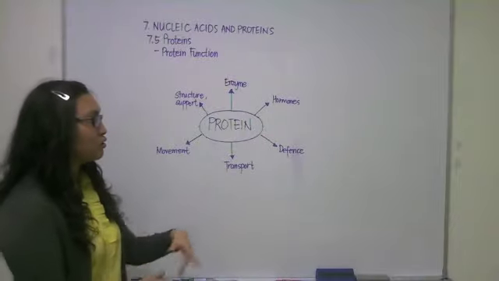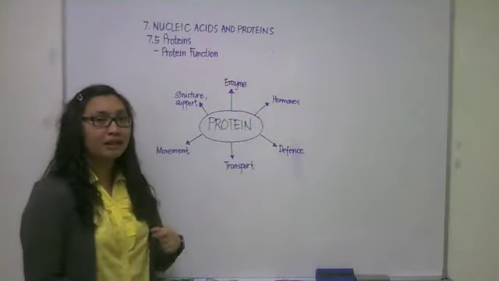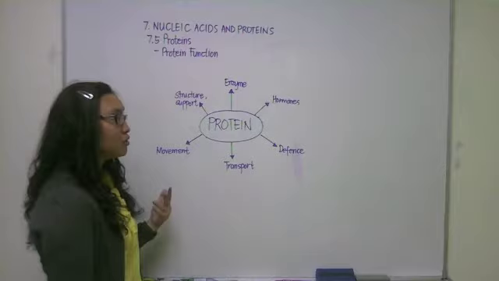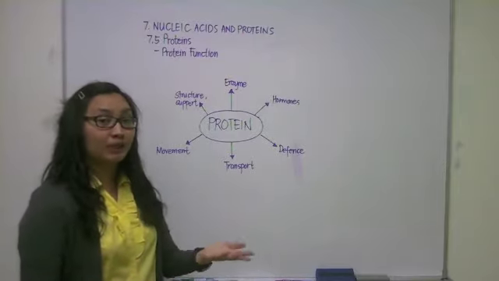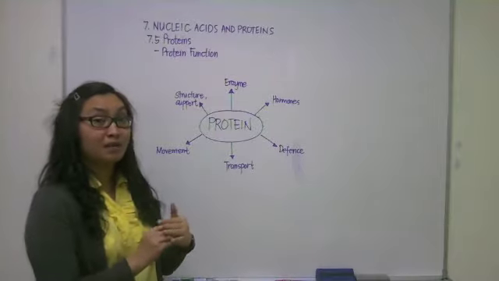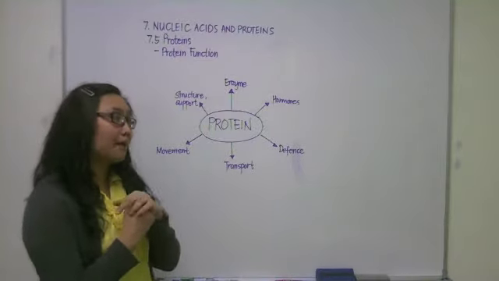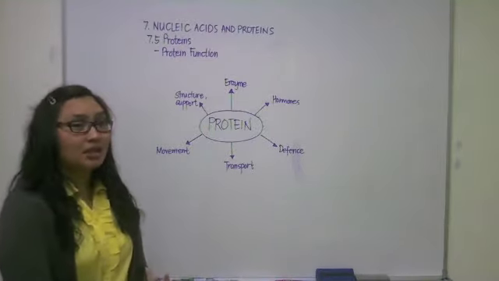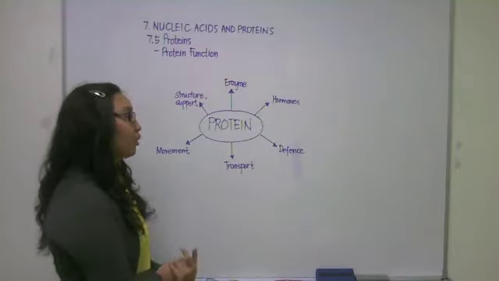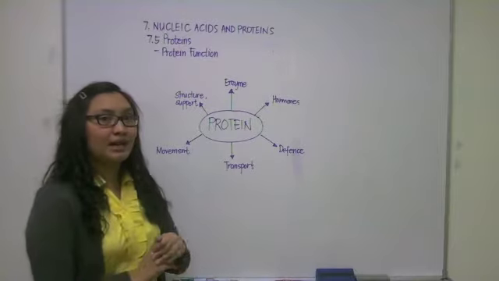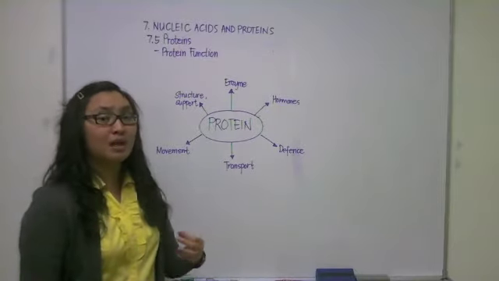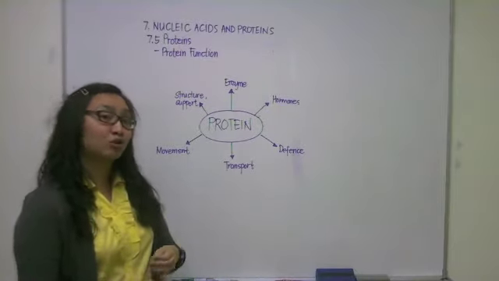Proteins can also be used as hormones. Hormones are chemical messengers used by the body so that the target organ the hormone is acting upon can be altered. For example, growth hormone is a type of hormone that acts upon the bones and the muscles so that they will be prodded to grow.